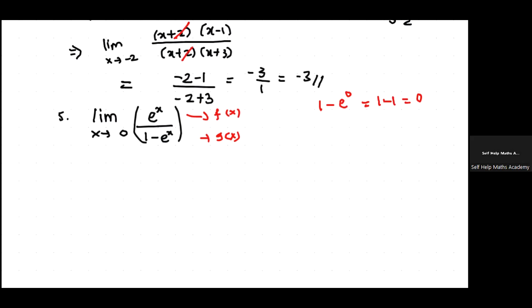So let's substitute the value of x here. This will be simply e to the power 0 divided by 1 minus 1, which is equal to 1 over 0, which is infinity. So that is undefined. This is the value of this limit.